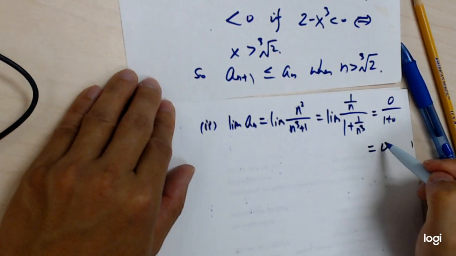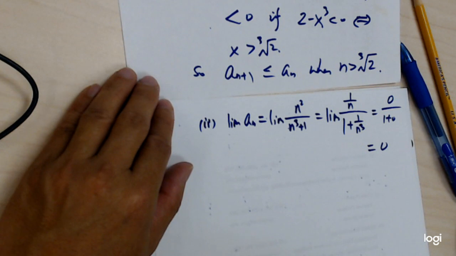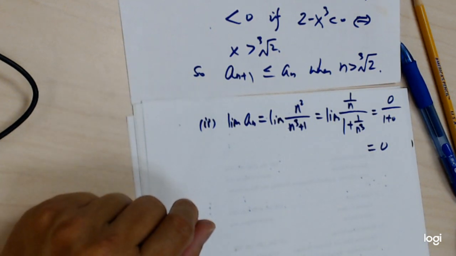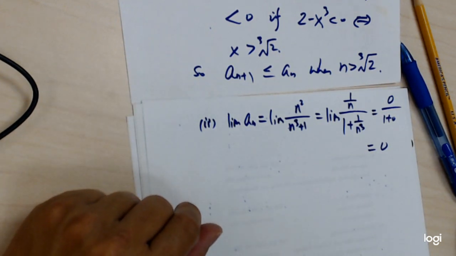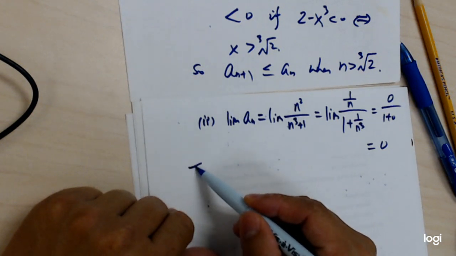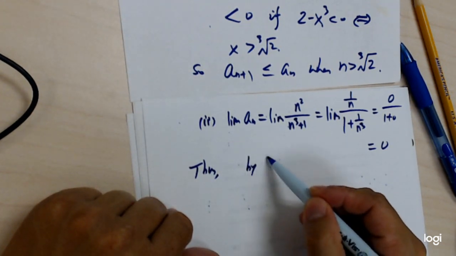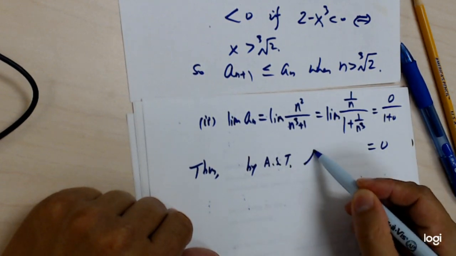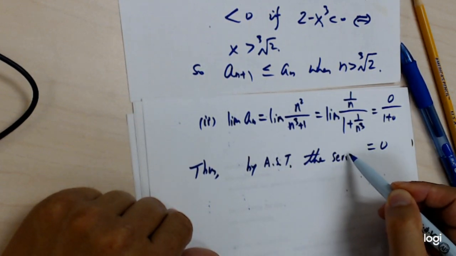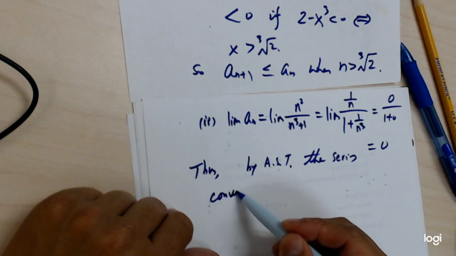So that's how you show the limit is 0. So indeed, the term decreases and goes to 0. The series converges.